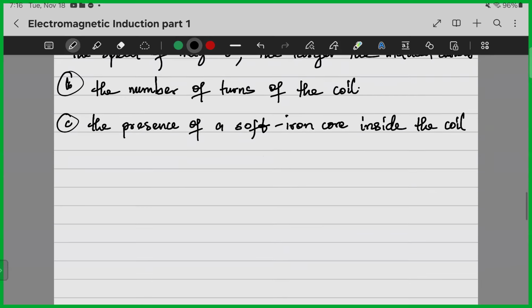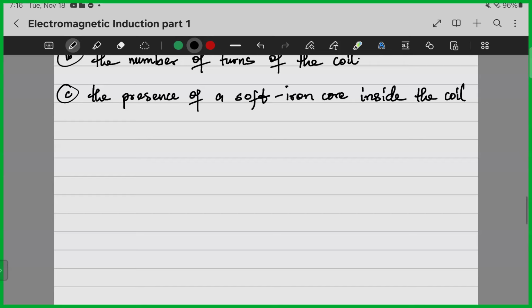So I'm going to draw two diagrams, and we'll use them to talk about how the induced current operates.